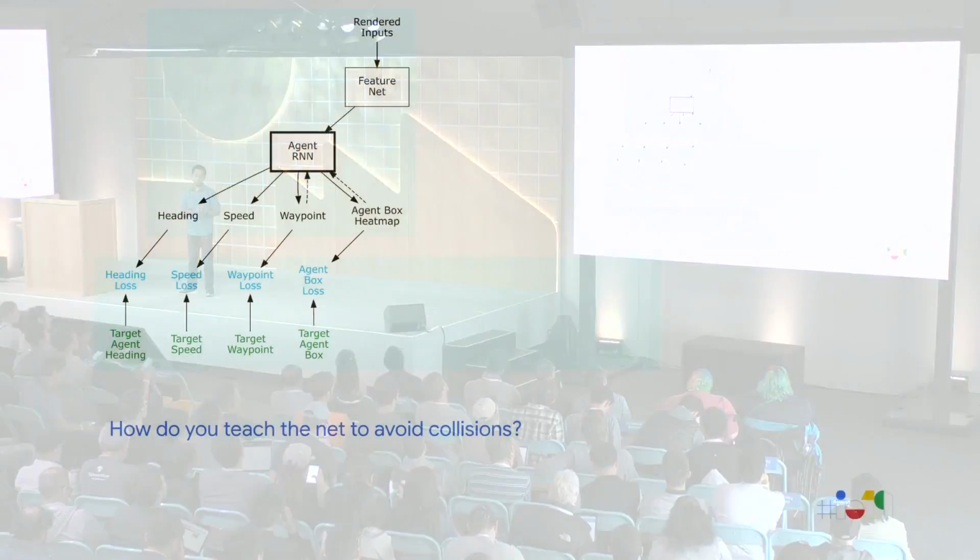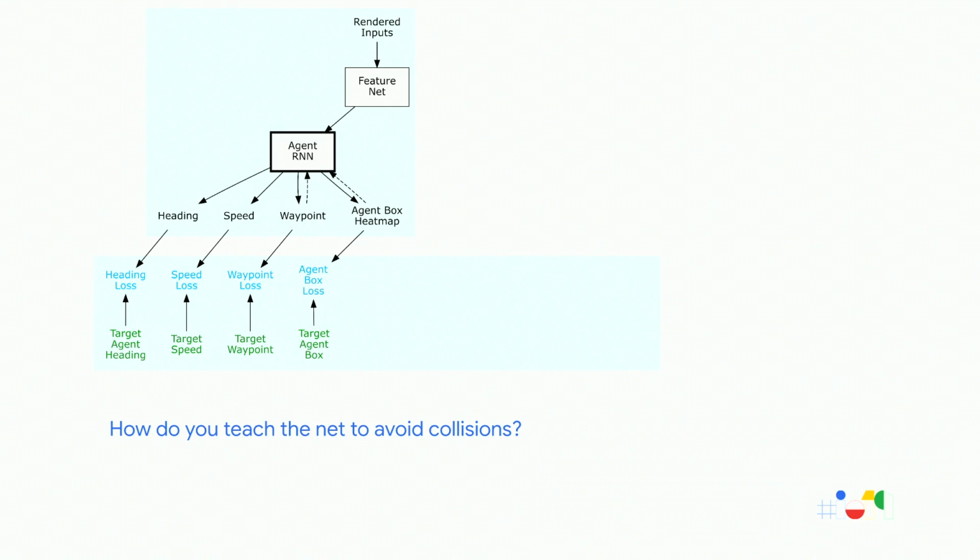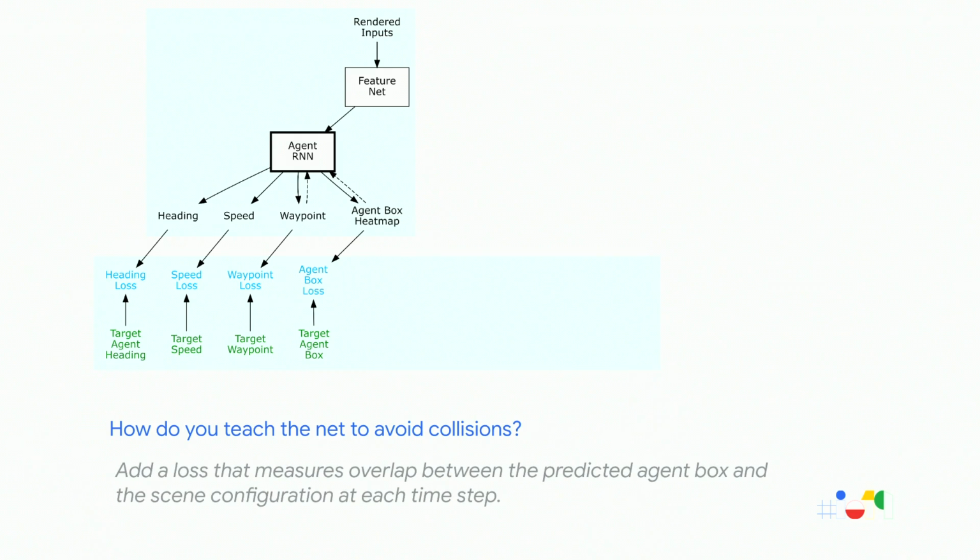Going back to the architecture diagram of our net, we really want to teach the net explicitly what it is to avoid collisions. We do this by adding a loss that explicitly measures overlap of each prediction with the rest of the scene.